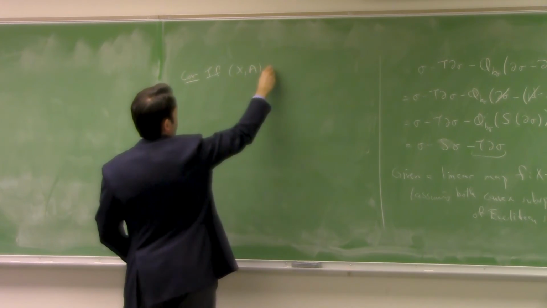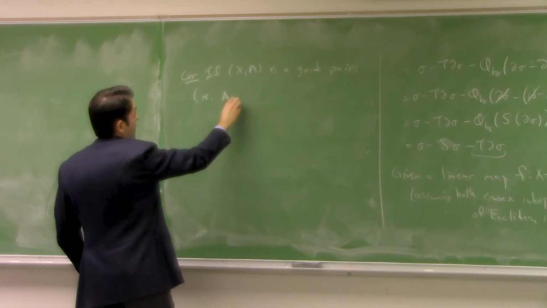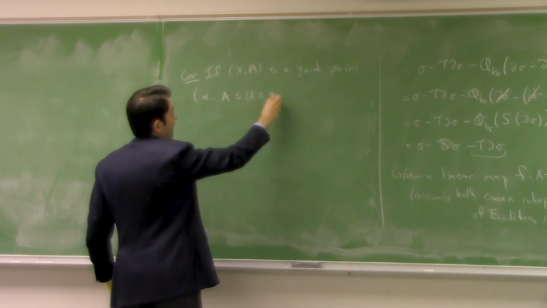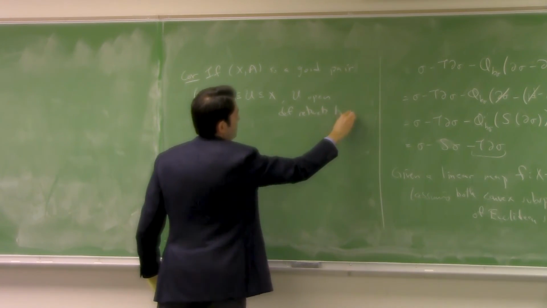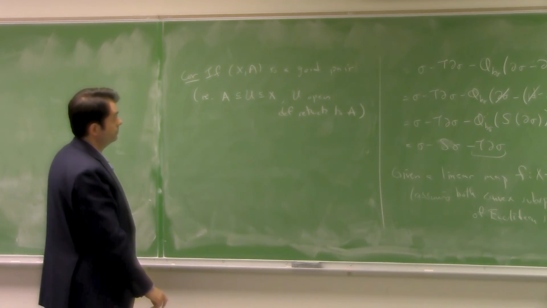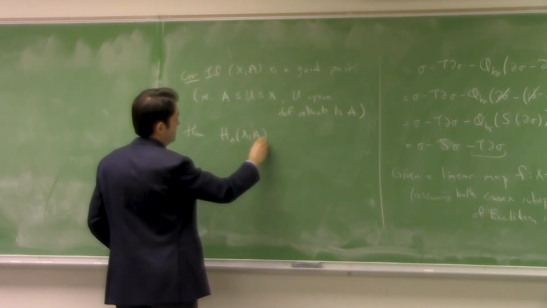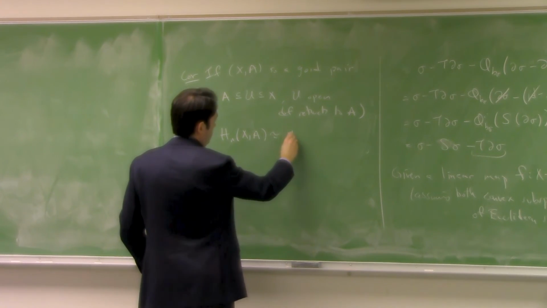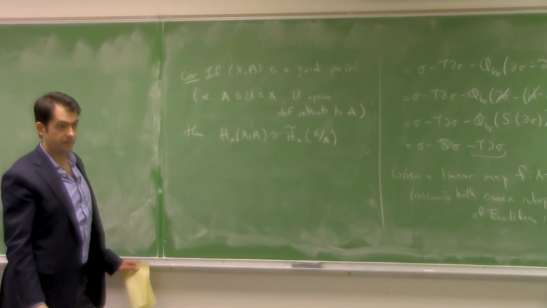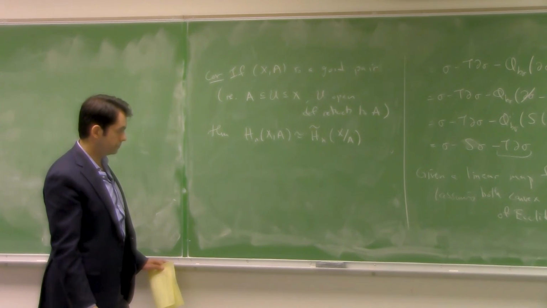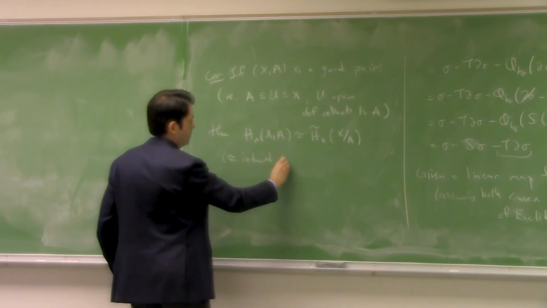If (X, A) is a good pair, remember that means that A has a neighborhood U in X that is open and deformation retracts to A, then the relative homology groups are isomorphic to the relative homology groups of the quotient space, and the isomorphism is induced by the quotient map.